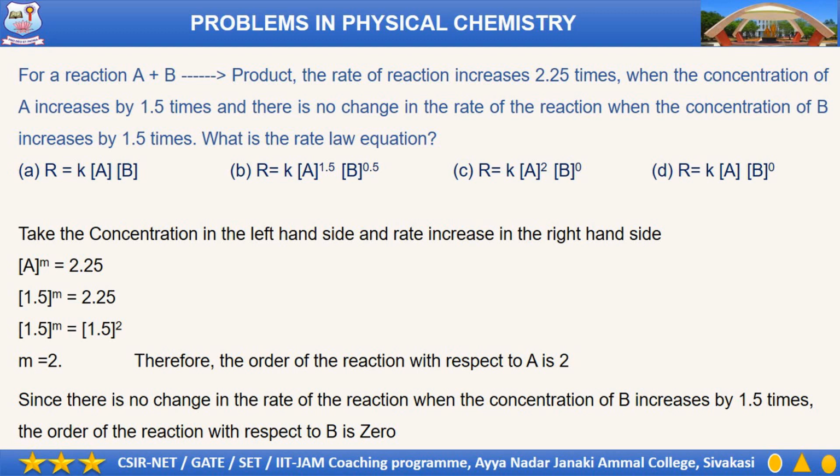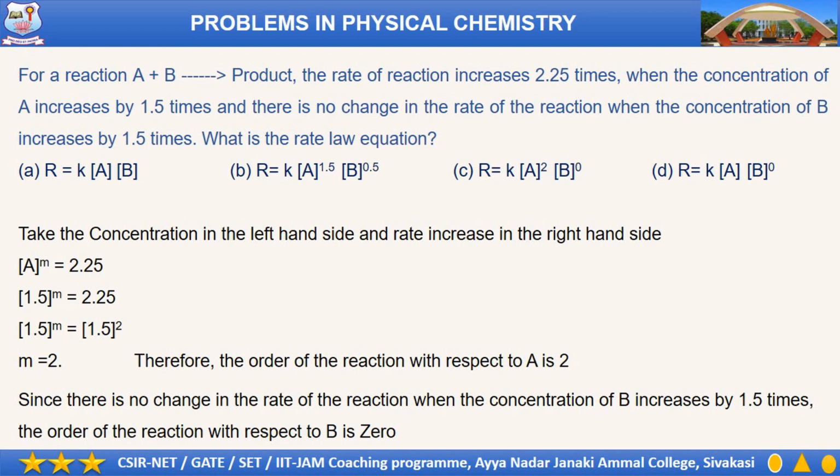Here the concentration of A is increased. Let us assume that the order of the reaction with respect to A is m. Therefore, 1.5 power m is equal to the rate increase, 2.25 times. The R and R cancel and you will end up with this type of equation.